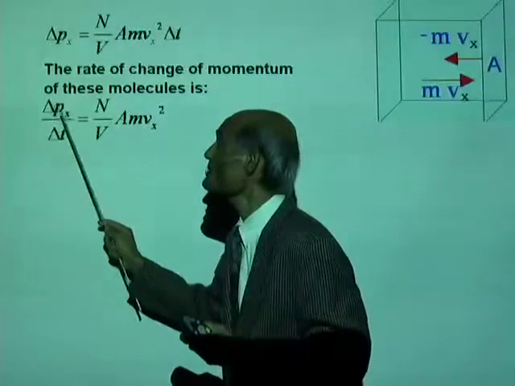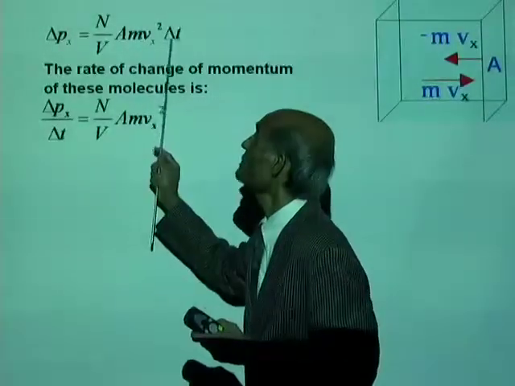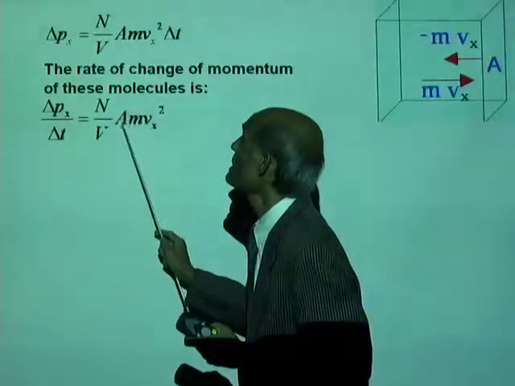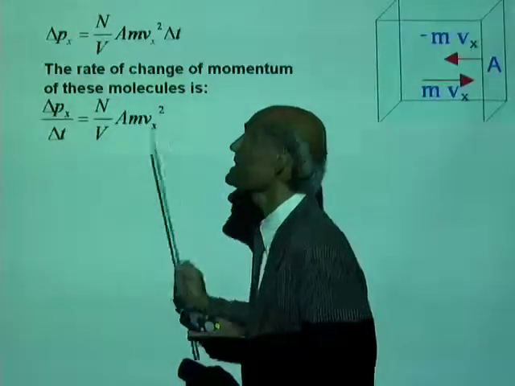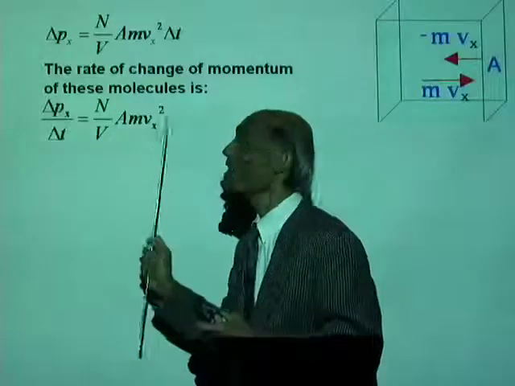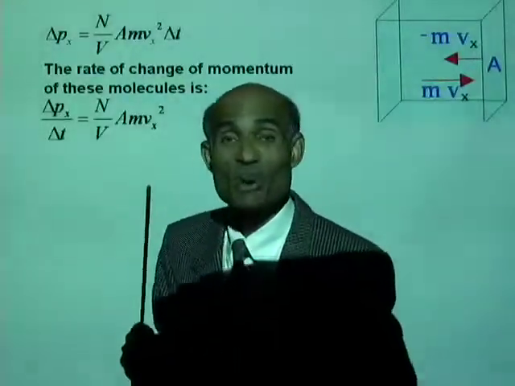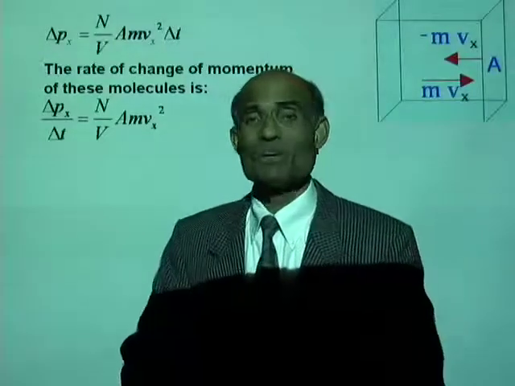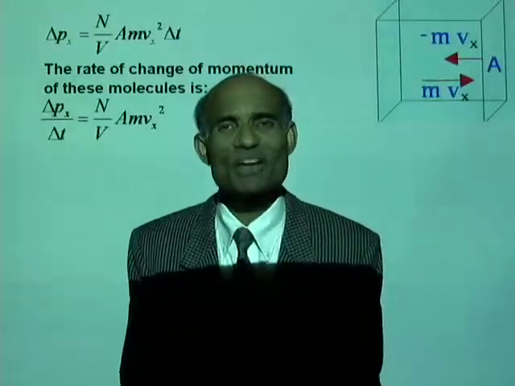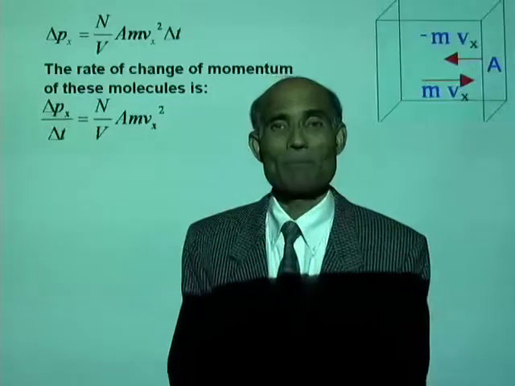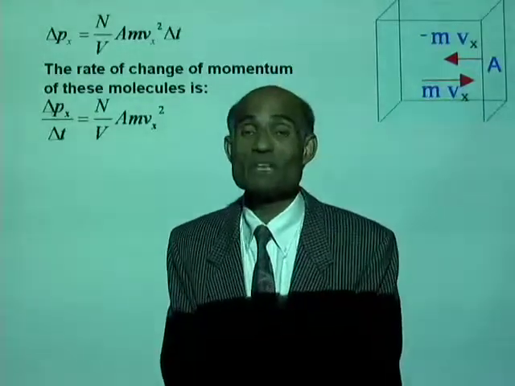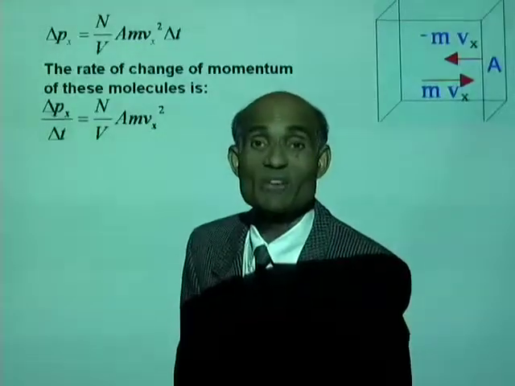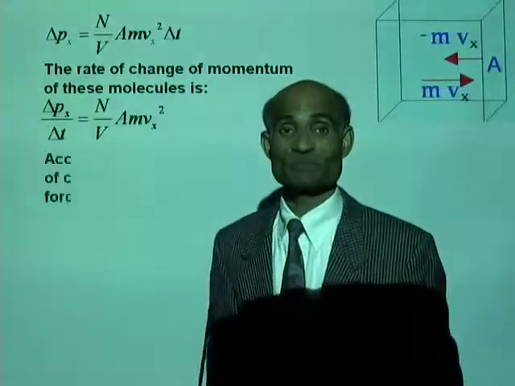So delta px divided by delta t gives you n over V A m Vx squared, which is a measure of the rate of change of momentum. All right, what did we say Newton's second law is? The rate of change of momentum is a measure of the force exerted on the wall.